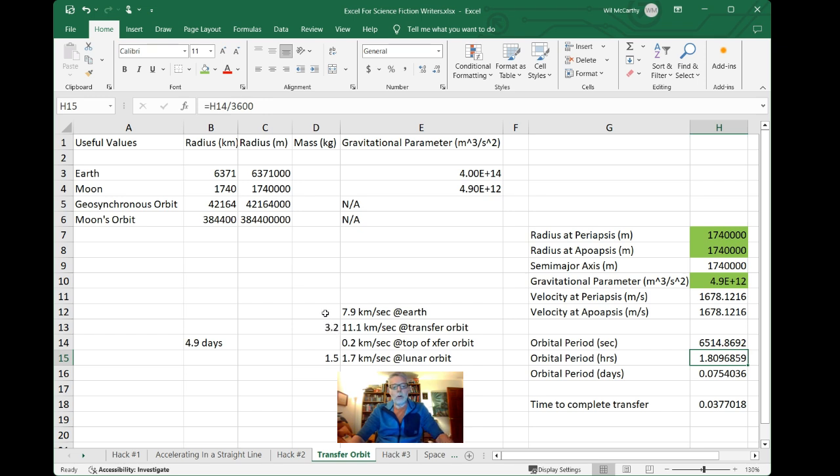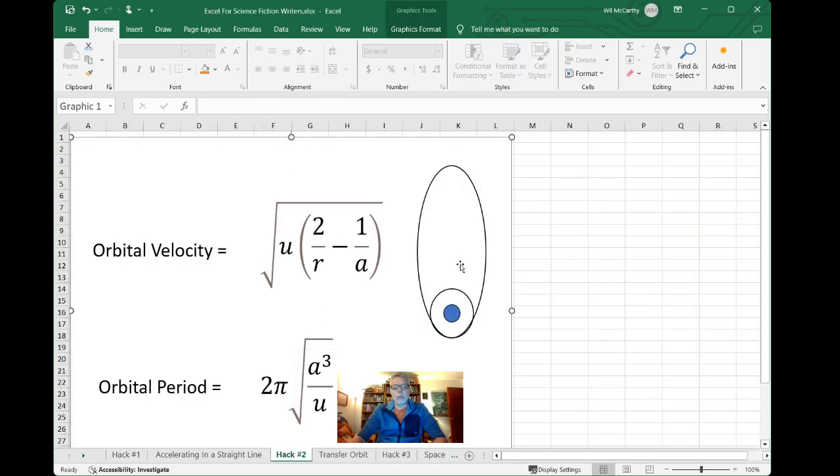Anyway, if we want to know what our delta V looks like, well, we have 7.9 kilometers per second to get off the surface of the Earth, maybe a little more than that to overcome atmospheric resistance, and then 3.2 kilometers per second to go from Earth orbit to a lunar transfer orbit, and then another 1.5 kilometers per second to get out of our transfer orbit and into an orbit around the moon.